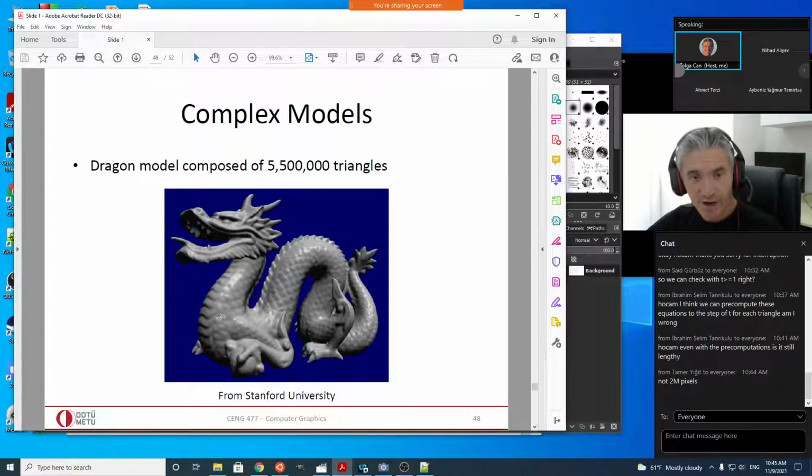This dragon model looks shiny, and this shininess is going to be modeled by the third component of our shading model. I told you that there are three components: ambient, diffuse, and specular. The specular component is used to model these shiny parts, the shininess of objects.